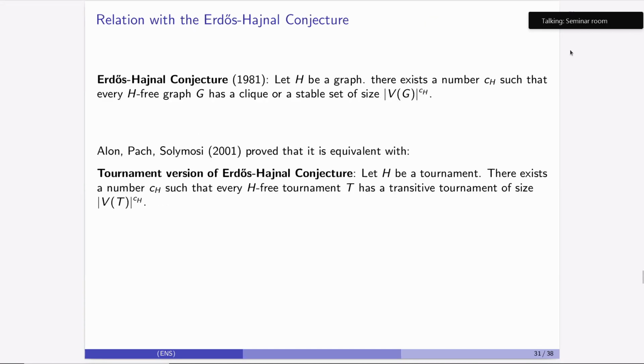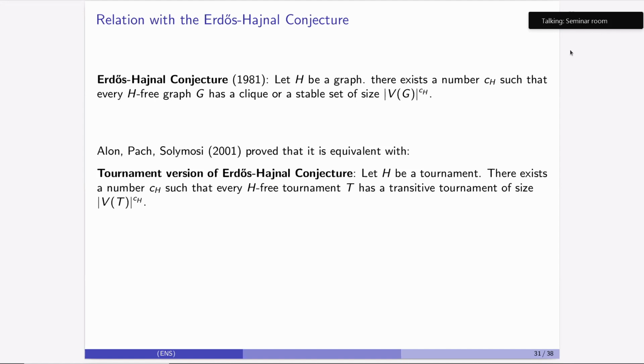Okay, so now some link between tournament and undirected graph again. Maybe one of the most famous conjectures in graph theory is the Erdős-Hajnal conjecture. Well, at least in the world of induced subgraphs.